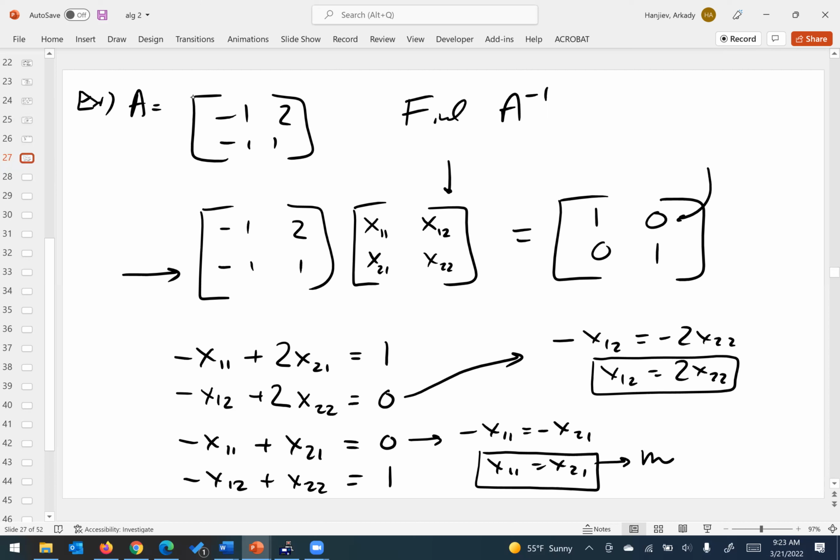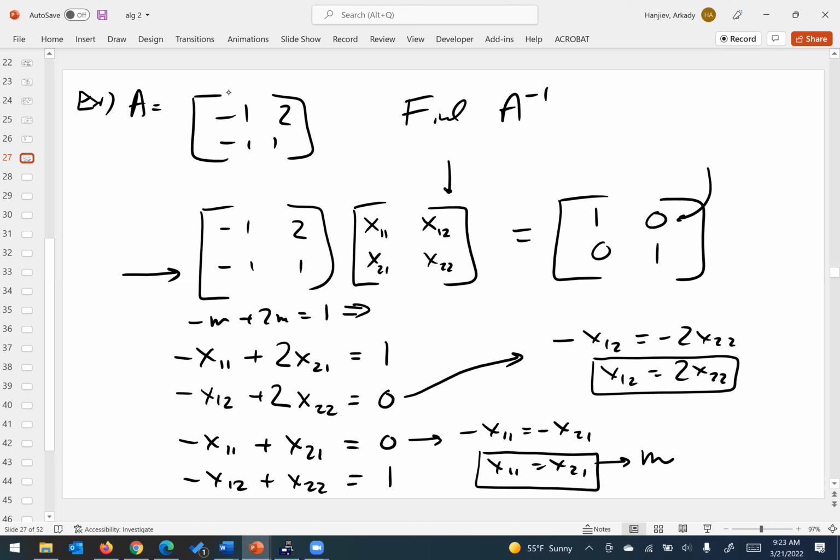Since x11 and x21 are exactly the same, I'm going to say both of them are M. And if both of them are M, is this true, using this top equation right here? Negative M plus 2M is equal to a 1. Yes, that's true.